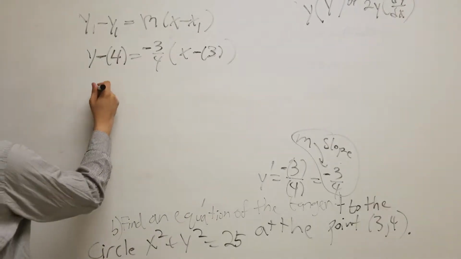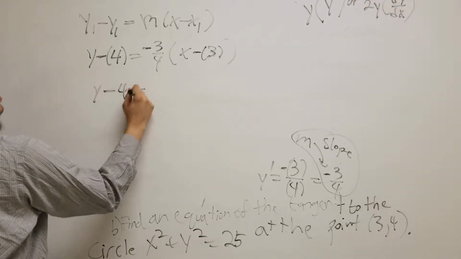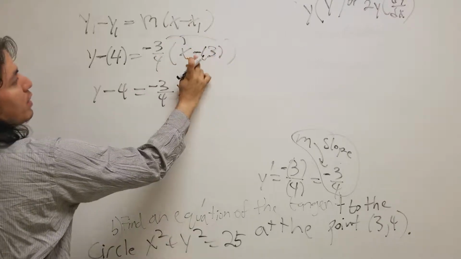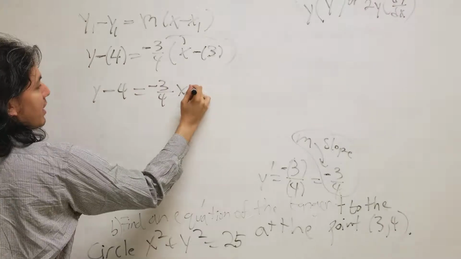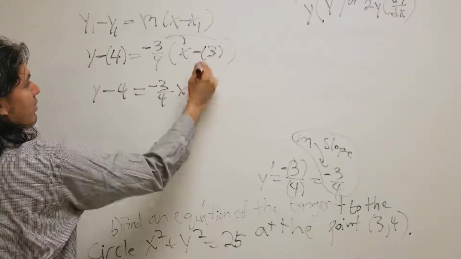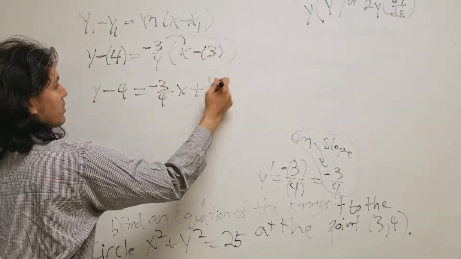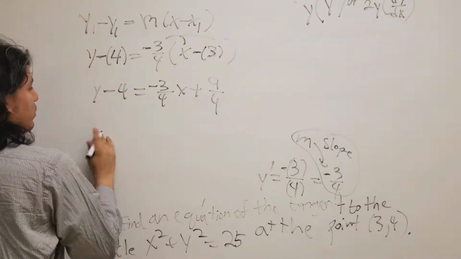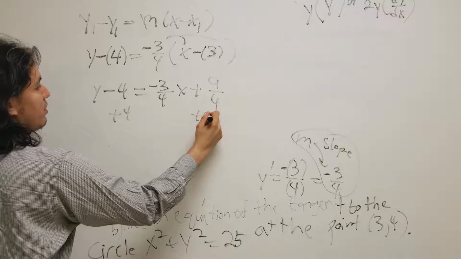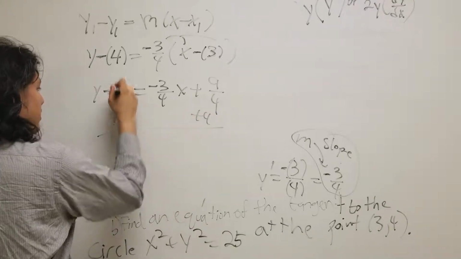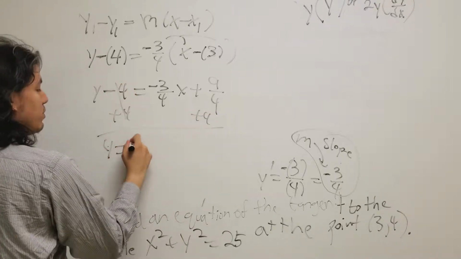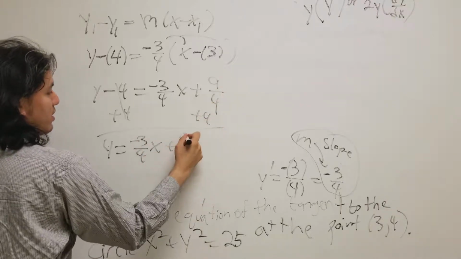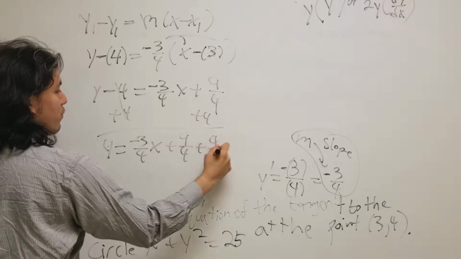Okay, we're almost done. y minus 4 equals negative 3 over 4 times (x minus 3). I'm distributing this over: negative times negative is positive, so we get 9 over 4. After some quick addition, y equals negative 3 over 4 x plus 9 over 4 plus 4 over 1.